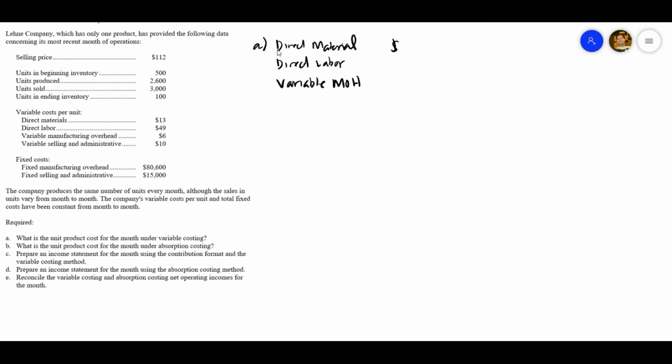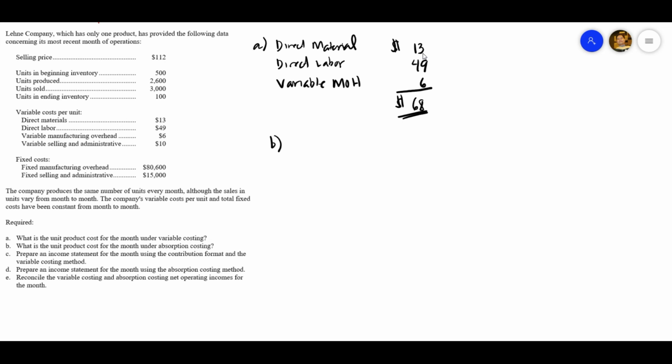It's $13. And then for our direct labor, it's $49. Then for our variable manufacturing overhead, it's $6. So the total is what? It's 13 plus 49 plus 6. It gives us $68.